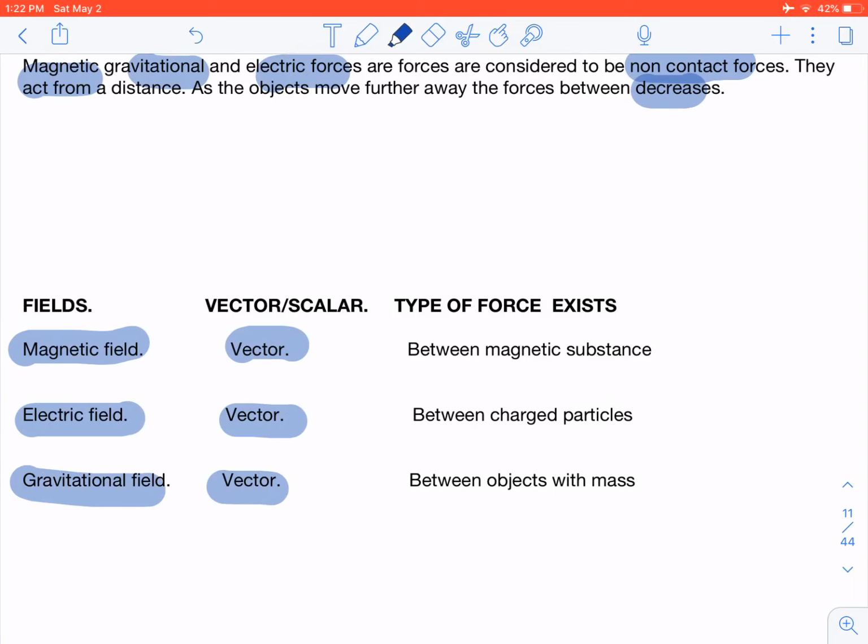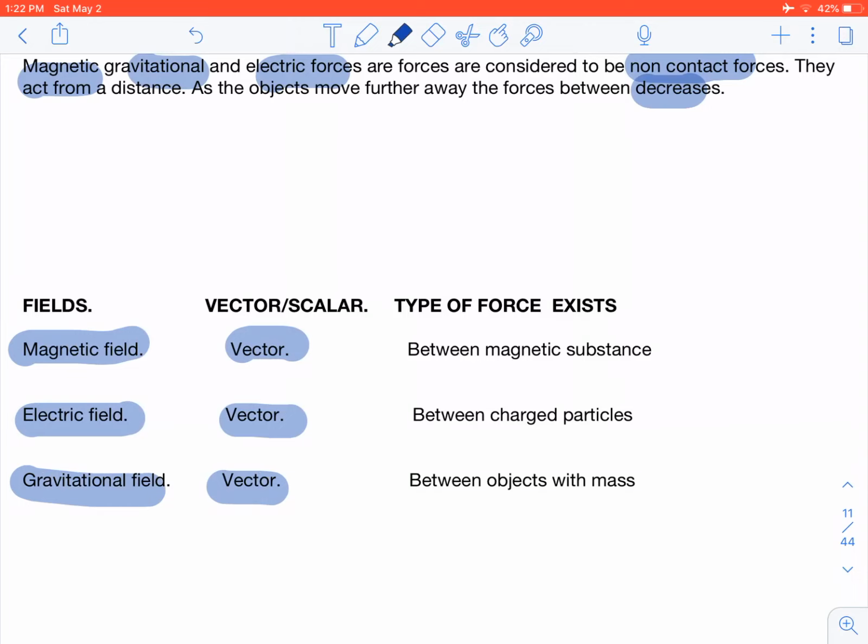Now, vectors is an important concept. I mean, addition of vectors. How do we add vectors? How do we subtract vectors? How do we multiply vectors? All these things we're going to deal with. When you deal with vectors, you will deal with how vectors are added and subtracted, and we need to take the direction into account.